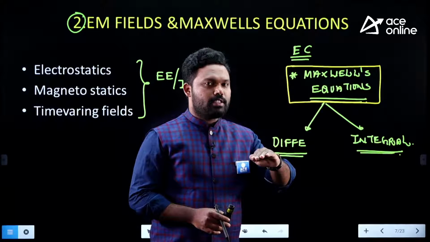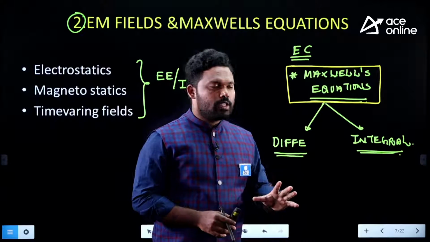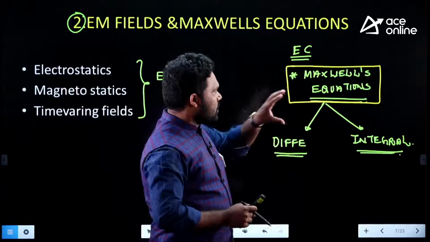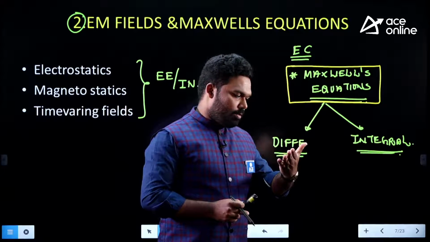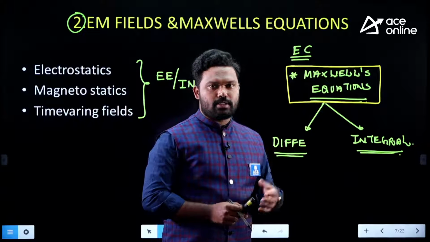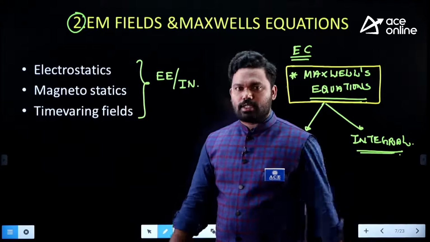But if you are not in touch, if you cannot recollect your basics of electricity and magnetism, don't start from electricity and magnetism. Just look at the Maxwell's equations, observe them, and think about what essential basics are required to understand them. Only pick those concepts from electrostatics and magnetostatics.